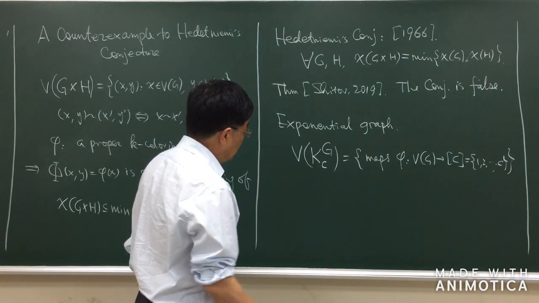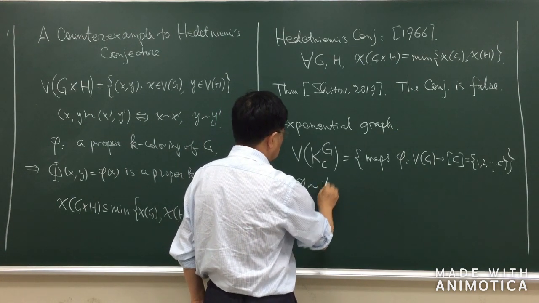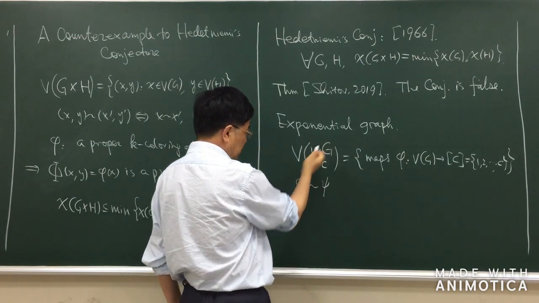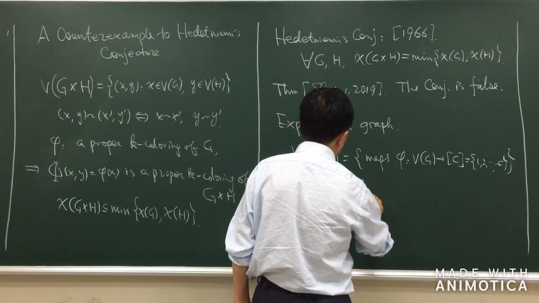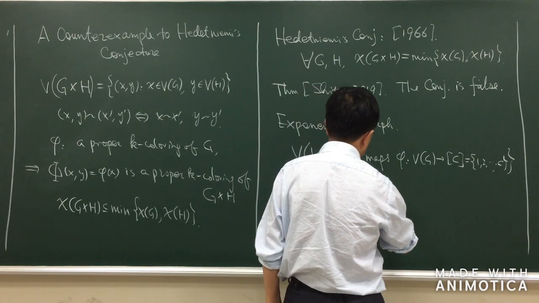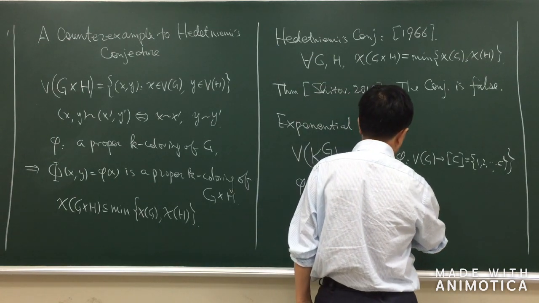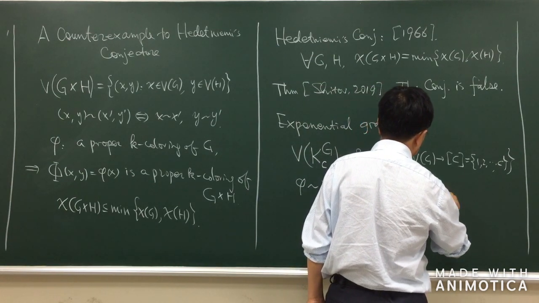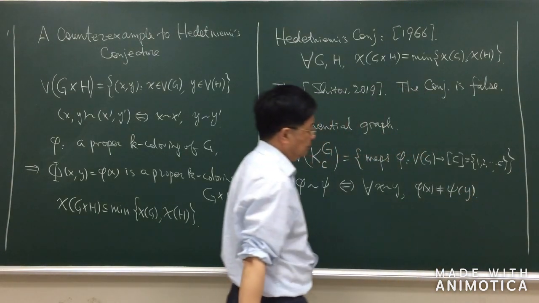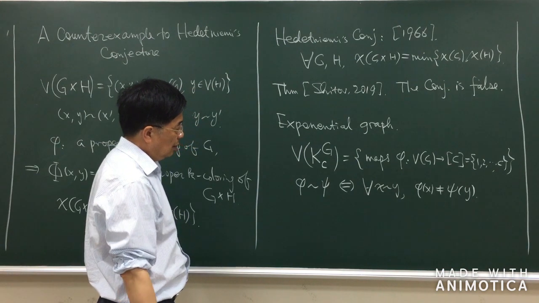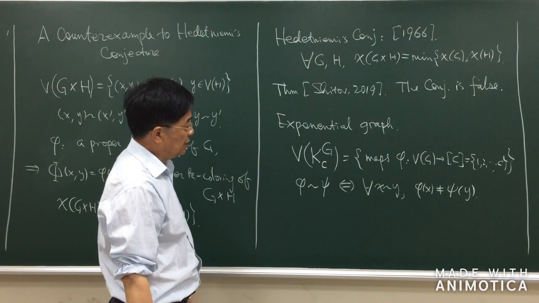Now, you have two maps, that is, two vertices of this graph. They are adjacent if and only if for every edge xy in G, phi(x) is different from psi(y). So this is the vertex set, and this defines the edges. So this defines the exponential graph.